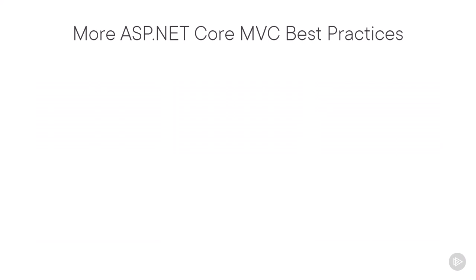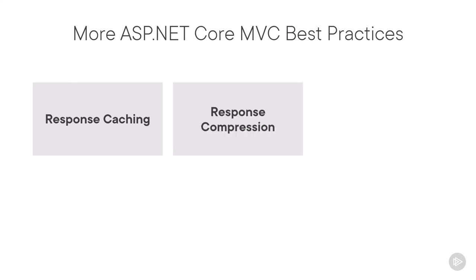But wait, there's more. You also get support for response caching, which adds standard HTTP headers to support client and proxy caching of your server's responses. You can also add response compression, which can provide a performance boost with minimal configuration needed for large text-based responses. Of course, if your API is going to have unknown clients, you may want to support a variety of different formats.